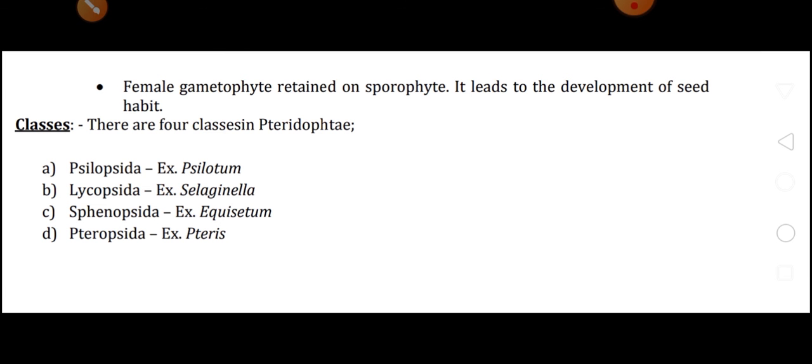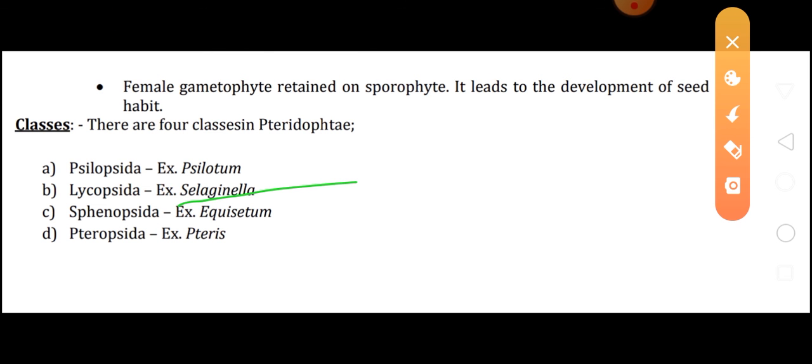Second class is Lycopsida, and the example in this class is Selaginella. Third class is Sphenopsida, in which the example is Equisetum. The fourth class of the pteridophytes is Pteropsida, and the example in this is Pteris.